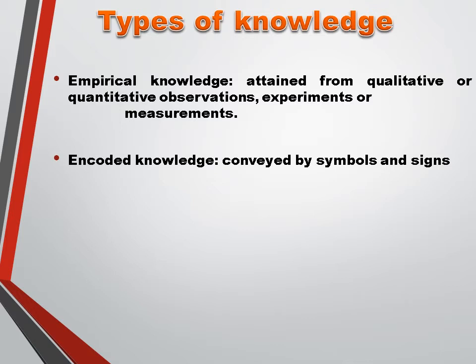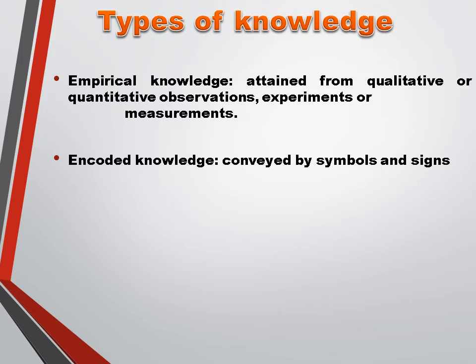We can even say that the language we write, English or any other language, is nothing but a code of knowledge which we write down, and the person who is reading it is decoding it. So this is known as encoded knowledge.